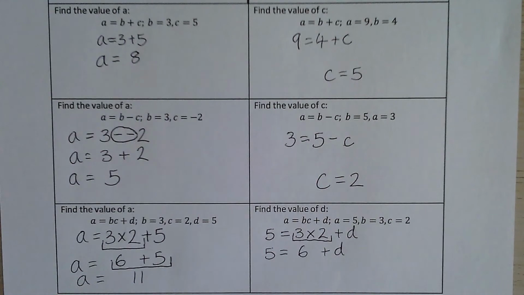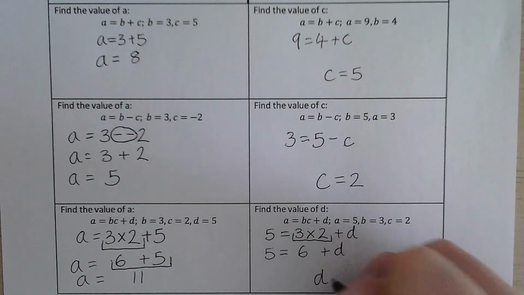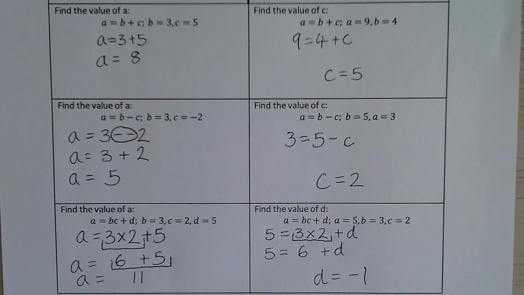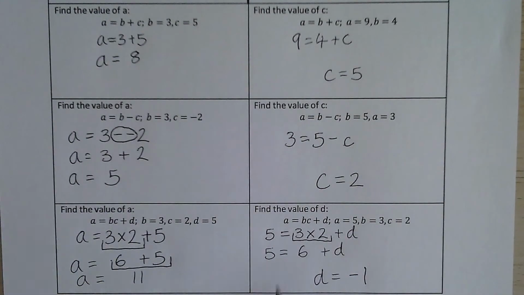Well, D must be negative for us to go down if we're adding it onto 6. So, how much will I need to take off to get down to 5? Well, it will have to be -1. So D equals -1. We can check this because if we do 6 add -1, that would turn into 6 take away 1, which is just 5.